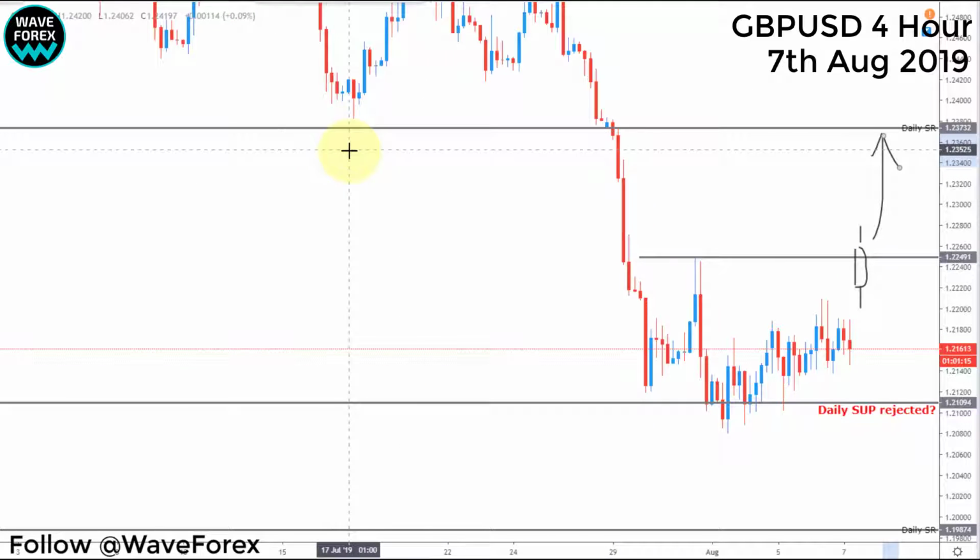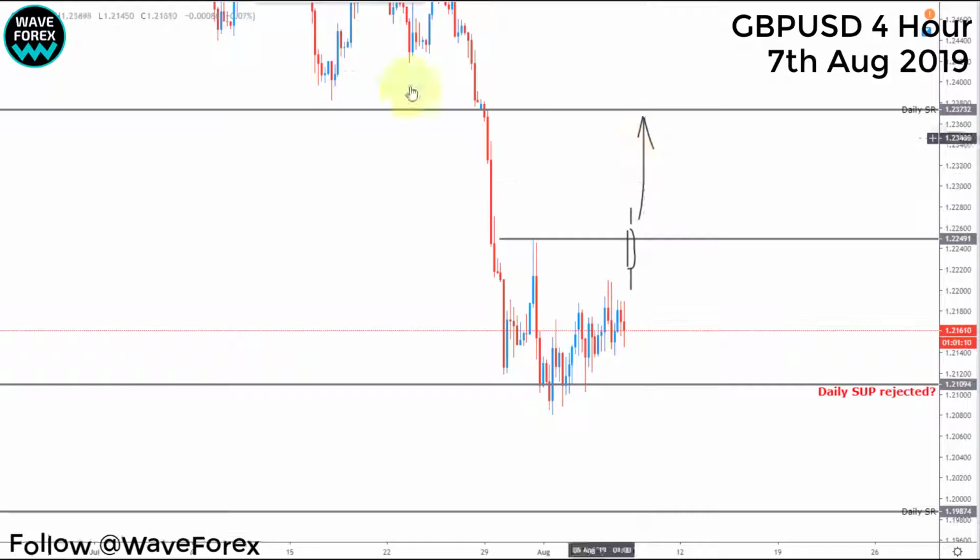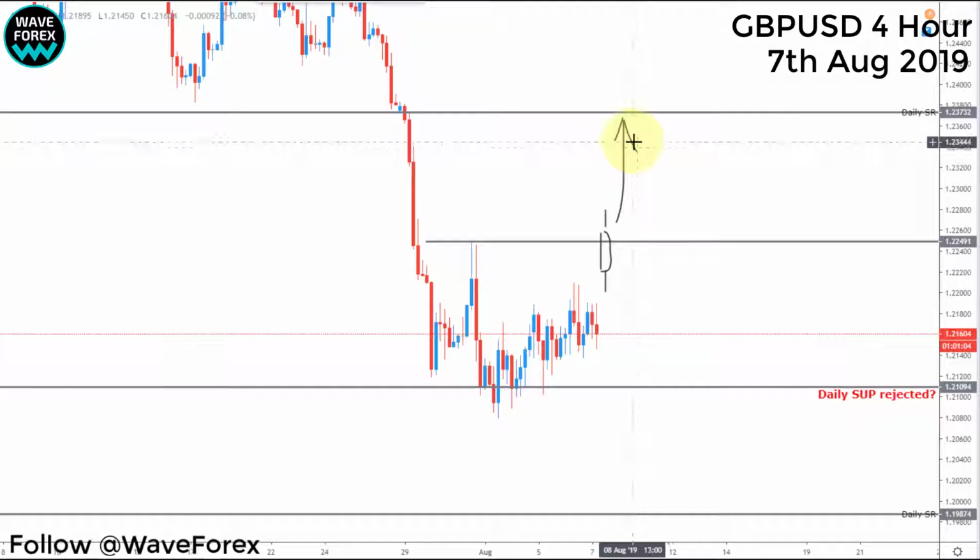Okay, because earlier the price broke the previous support. The price might retest this area again. Okay, let me remove all these first.